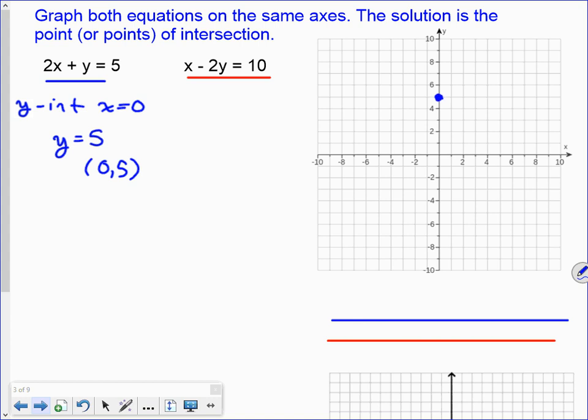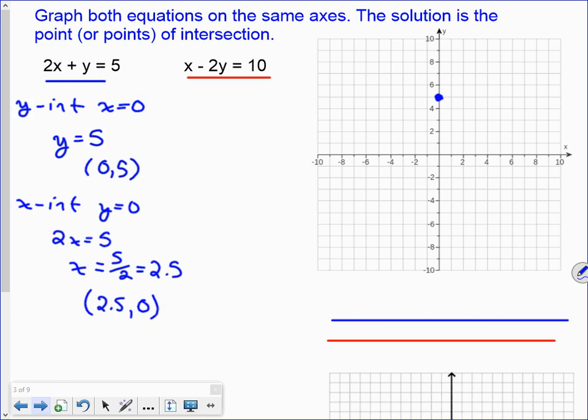To find our x-intercept, we're going to set y equal to 0. If y is equal to 0, we get 2x equals 5, or x equals 5 over 2, or 2.5. So our point here is going to be 2.5, 0. We've got to be really careful with this 2.5.